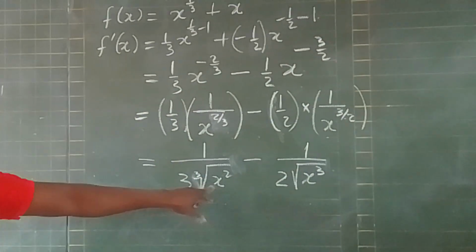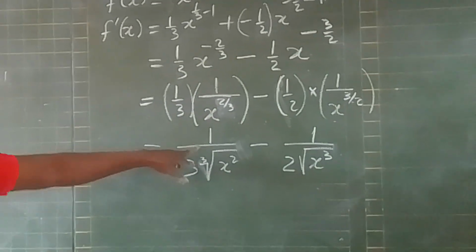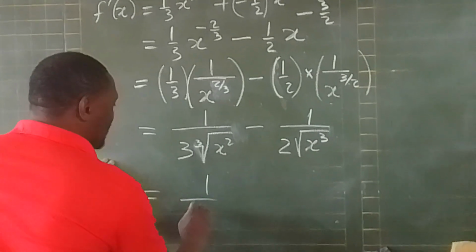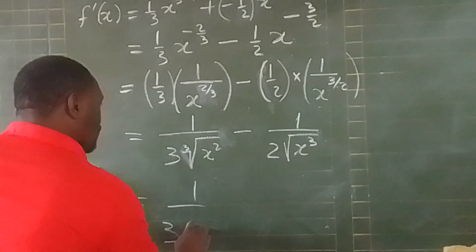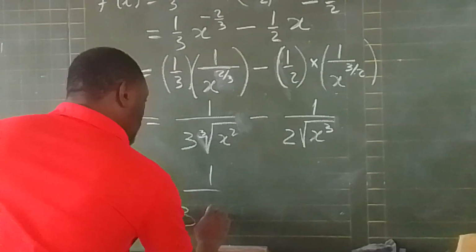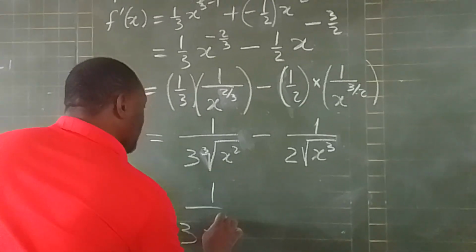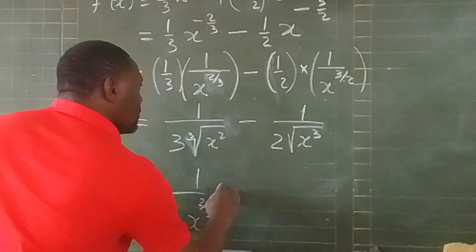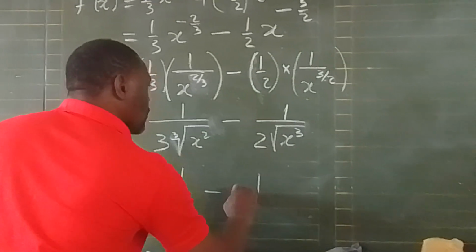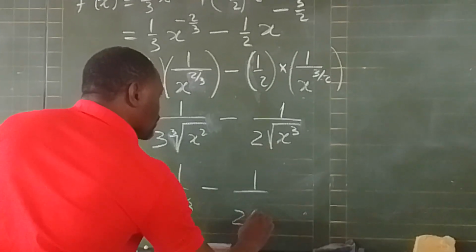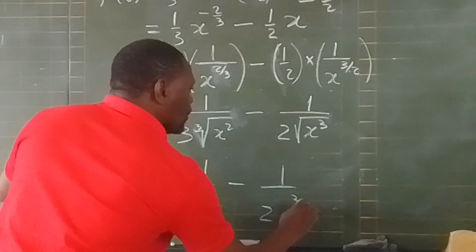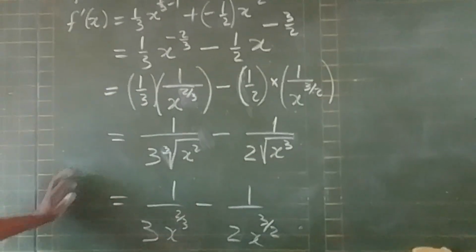Someone can change this into what? Someone can say this is the same as 1 over 3 x to the power 2 over 3 minus 1 over 2 x to the power 3 over 2.